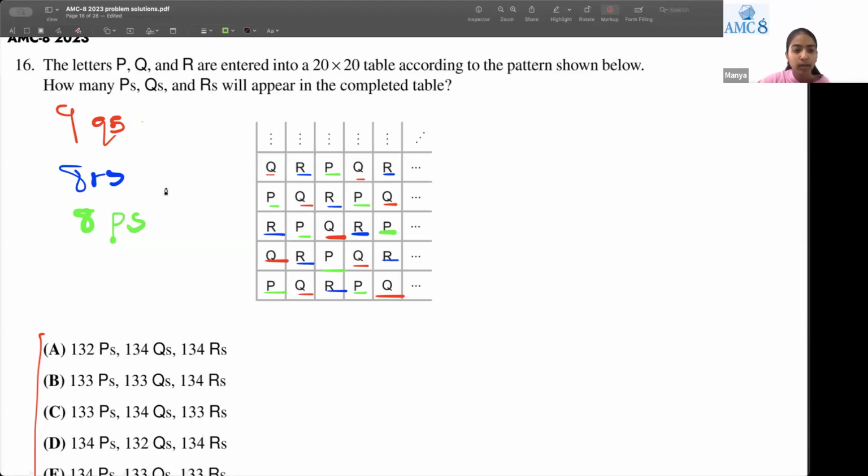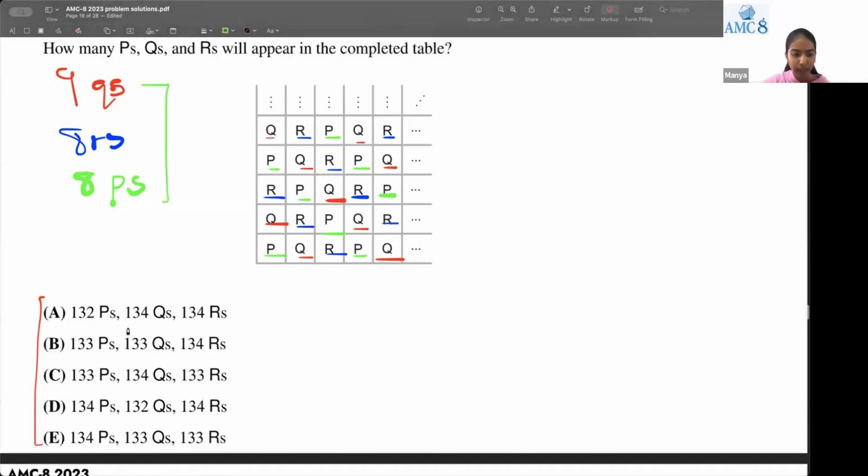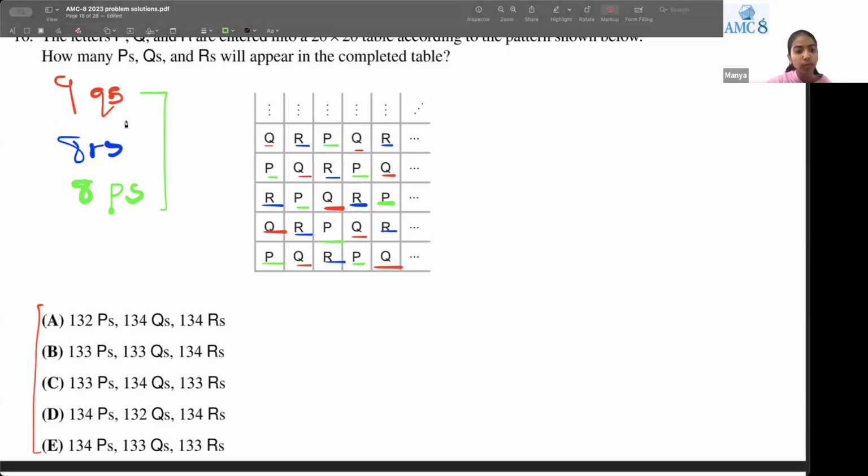So in these answer choices, that means that there must be one more Q than R's and P's. Here, there's two more Q's and two more R's than P's. So this is not the answer. In B, there's one more R than P's and Q's, but this is not the answer choice either.